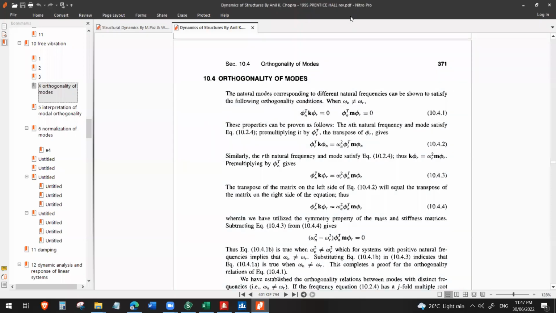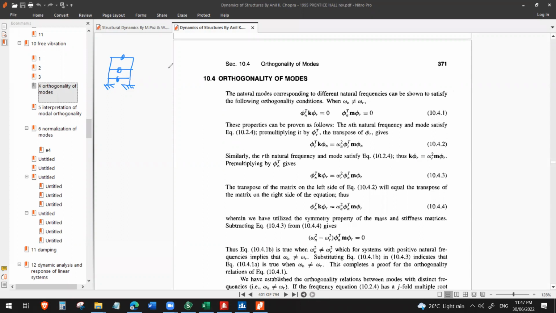Okay, so this is the lecture about orthogonality of modes. This is a very important concept because when you're dealing with an MDOF problem, for example, let's take a 3-story structure.